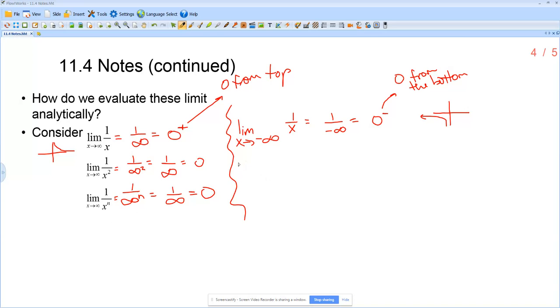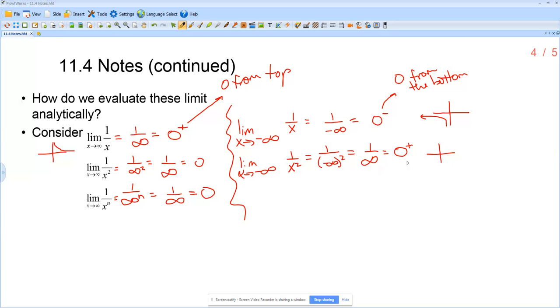So if we looked at another one, the limit as x goes to negative infinity of 1 over x squared. When I put negative infinity into this, I get 1 over negative infinity squared, which becomes 1 over positive infinity because that negative is getting squared. So that would give me 0, but now from the top.